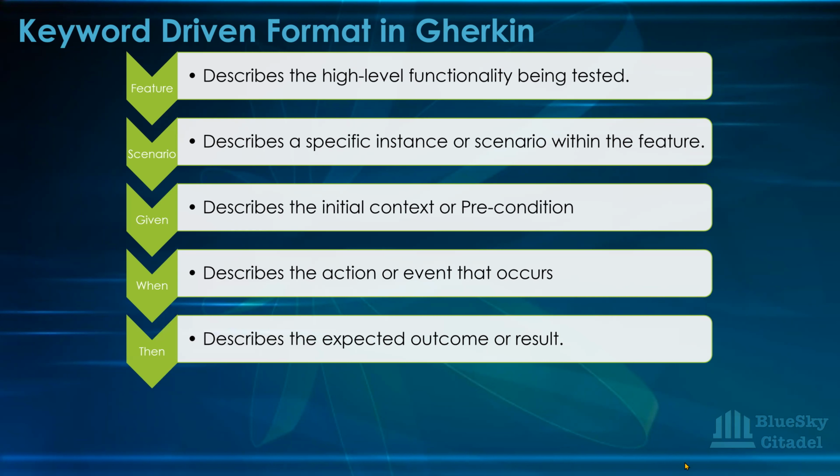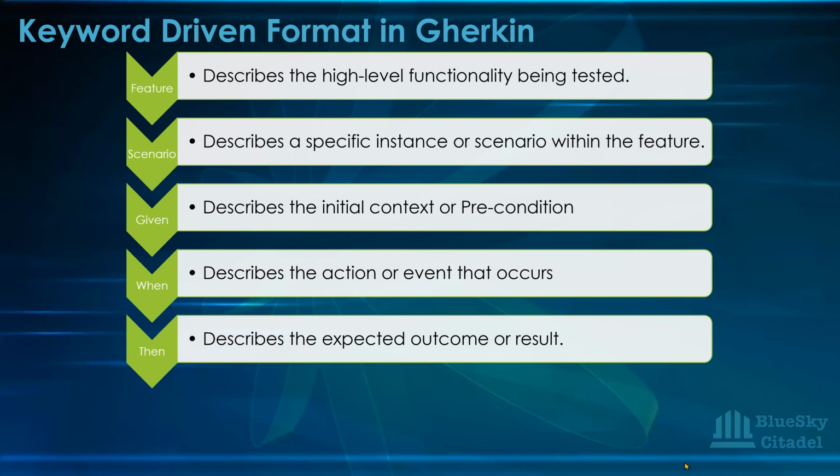Then describes the expected outcome or the result after the action has taken place. It represents the expected end state of the scenario. So if we go back to that hierarchy: feature, the high-level functionality being tested. Scenario is a scenario within the feature.